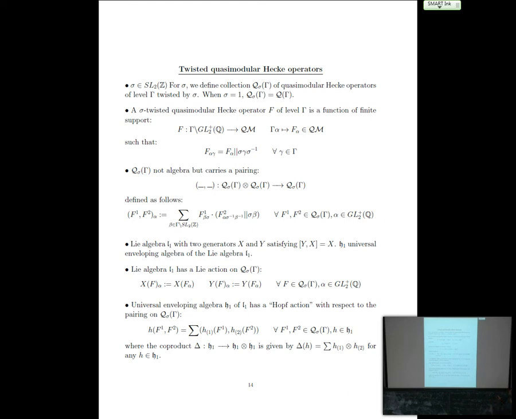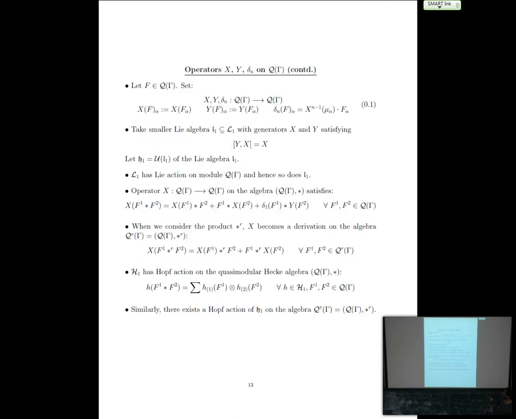So we have this pairing, and then we have this. Of course, once again take x and y satisfying this, and then we take the h1, which is the universal one. This is already mentioned, and so you just extend these operators x and y acting on this. Instead of the pairing, last time we had a product, and we showed that there was a Hopf action on the product.